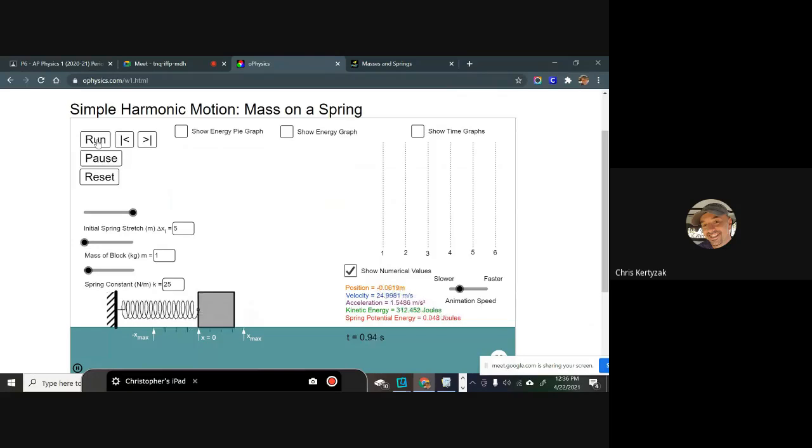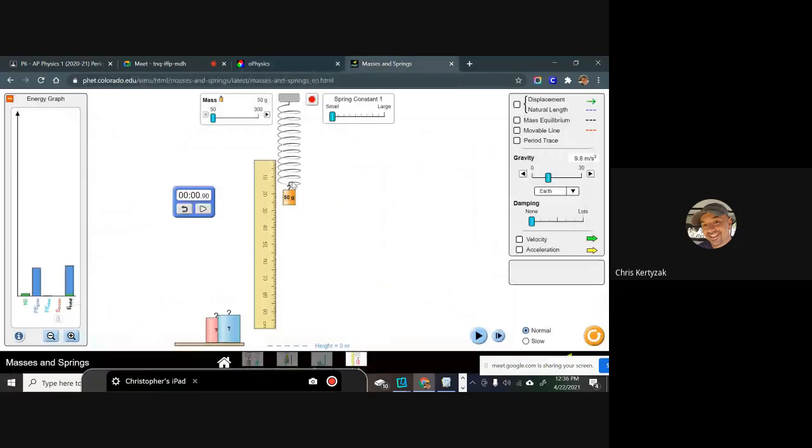Assuming somebody pulled it, or compressed it and then released it, once you do that, it will continue moving back and forth. How rapidly it goes through its cycle is again correlated with omega. So if I wanted to change omega, which we previously saw was affected by both these properties, right?